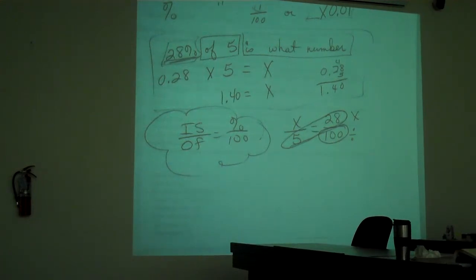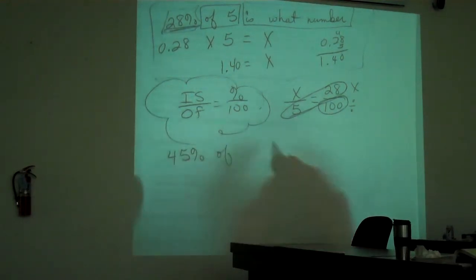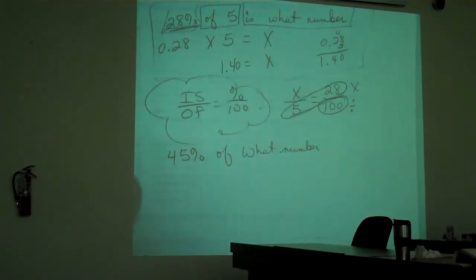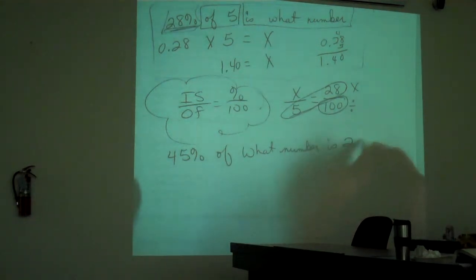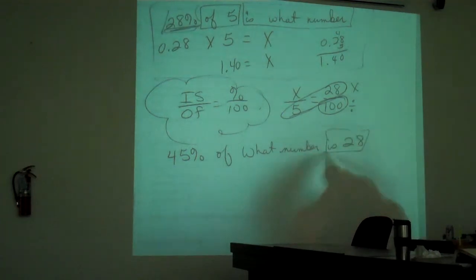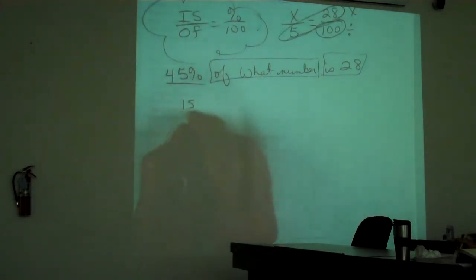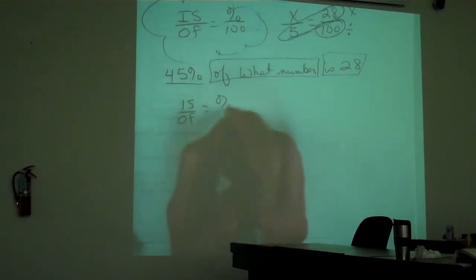Let's do 45% of what number is 28. Okay, here's your is, here's your of, and that's your percent. So put is over of equals percent over 100.